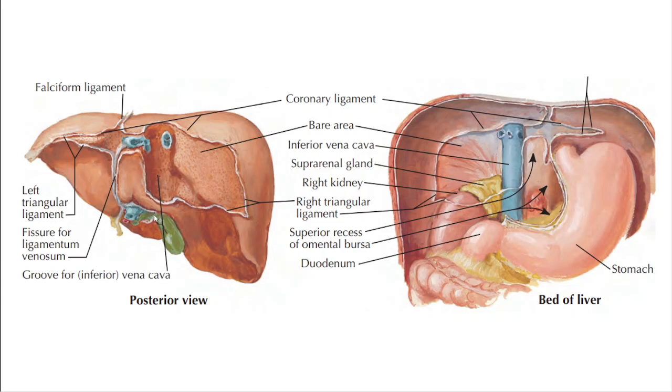It is continuous with the layer attached to the anterior lip of porta hepatis. Then this is continuous with the left layer of the fissure for ligamentum venosum. In between these two layers, the peritoneum is dipping to form the two layers of the lesser omentum.